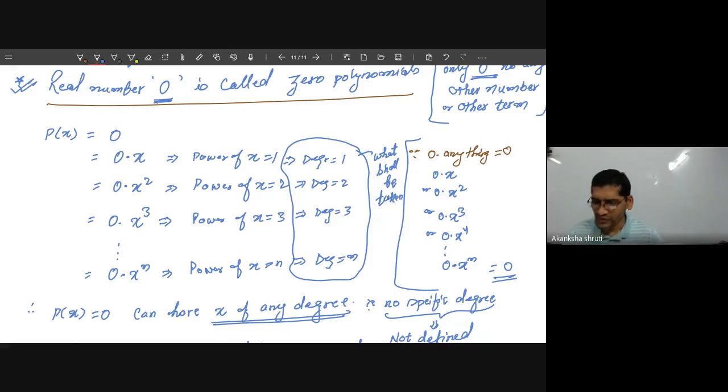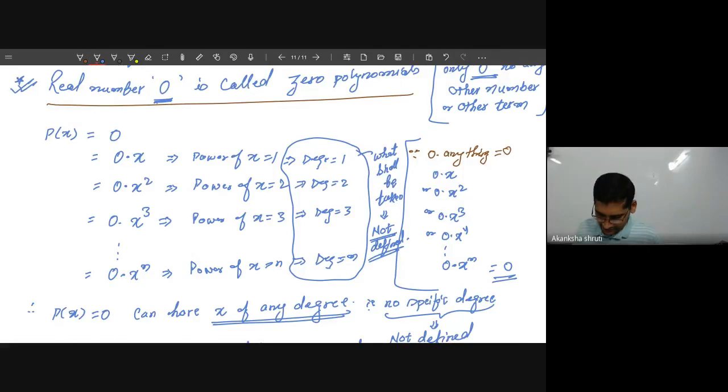To avoid this ambiguity about what the degree is, it is simply said that the degree could be anything, that it cannot be specified, so that is called not defined. If there is anything which cannot be said exactly, that is called not defined or infinite.